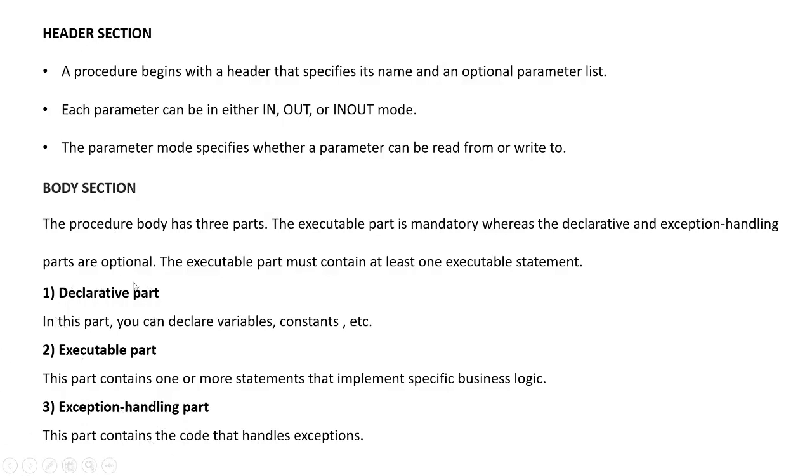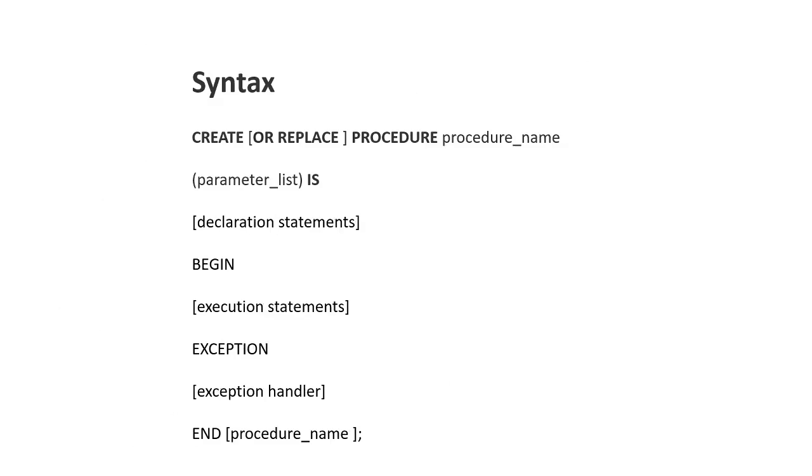So all these things we write in the body section. The name of the procedure and the parameter list will be declared in the header section. So again I repeat, this is the header part, and this will be the executable part, the body section.